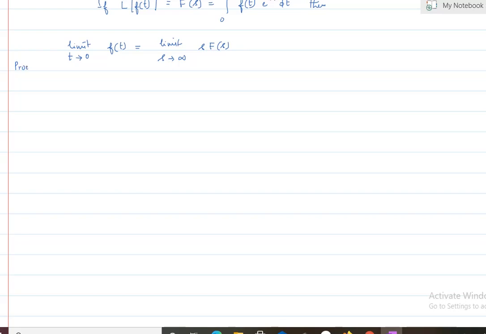Proof. By derivative of Laplace transformation, we know that Laplace transform of f dash of t is equal to s into Laplace transform of f of t minus f of 0.